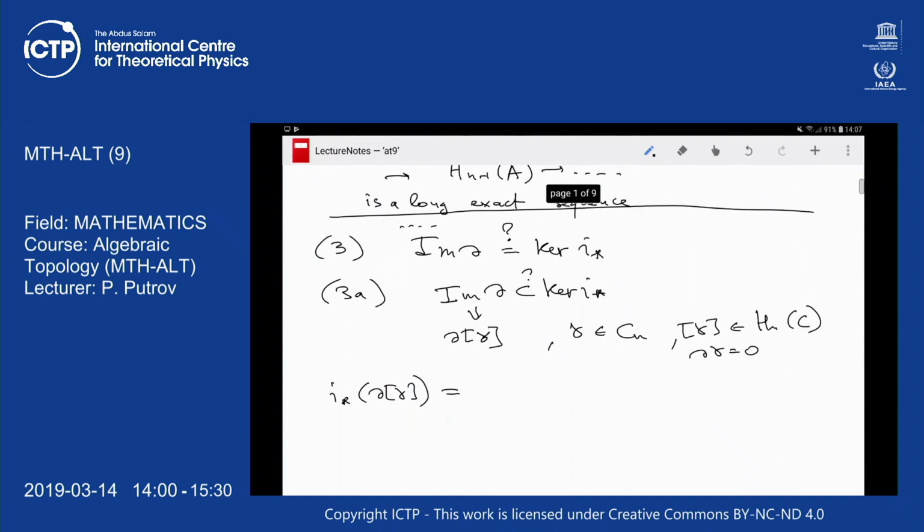By definition, here we want to use the definition of the map D. So this will be I star of some element in homology of complex A represented by alpha, where alpha is related to gamma by the following system of operations. Gamma is related to some beta by map J, and then beta should be equal to I alpha.